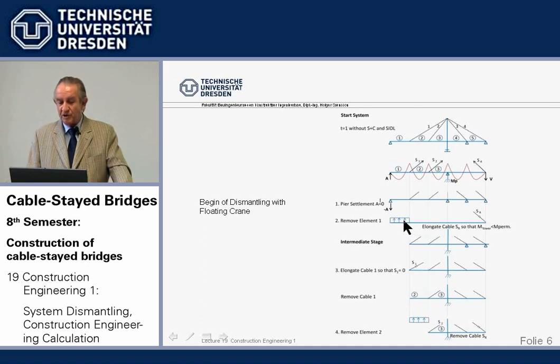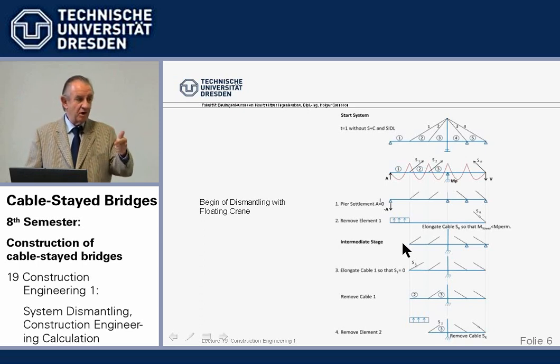Okay, then all that's left is here a weightless cantilever, which means we have here, at this point, the 3 action forces, moment, normal force, and shear 0, which means we can just take out of our computer system this part, which has no action forces left.